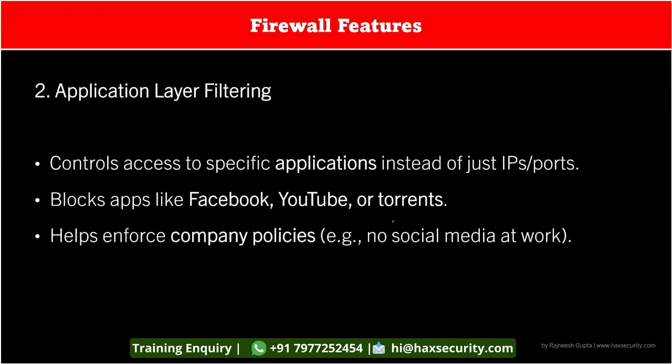The second one is application layer filtering. It can control specific applications instead of just the IP or ports. So it blocks applications like Facebook, YouTube, and Torrent. This even helps to enforce company policies. For example, for a certain group of people, I want to control the traffic on social media.